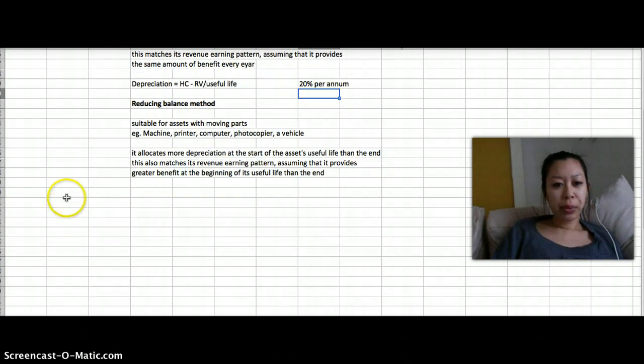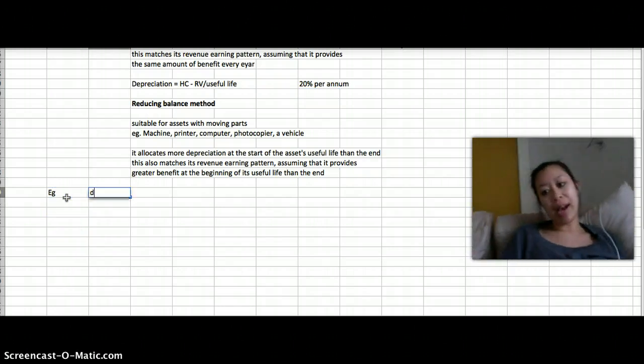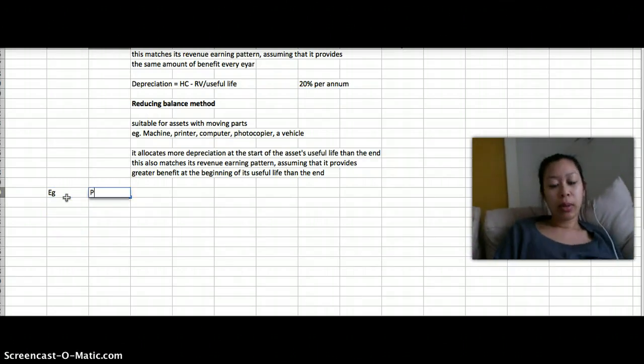Let's do an example. Let's say I bought a car. So purchased a car for $10,000, depreciated at 10% a year.